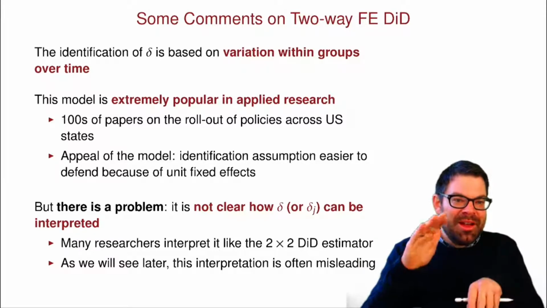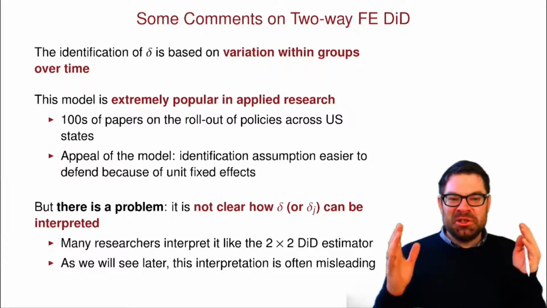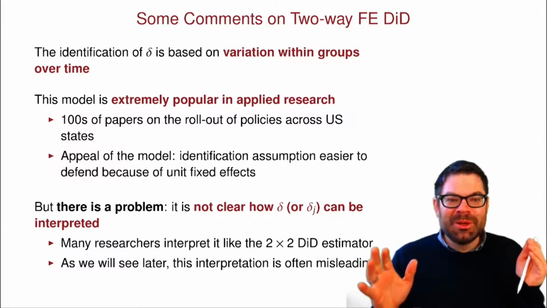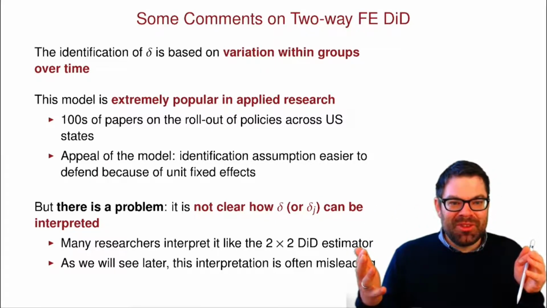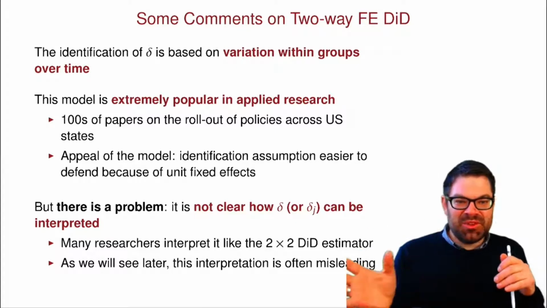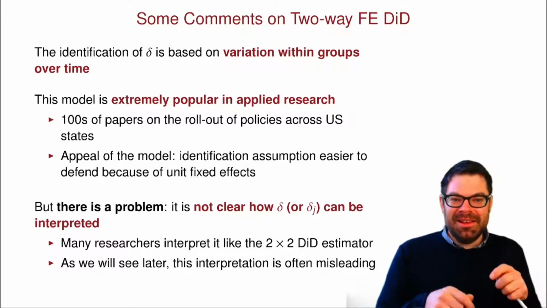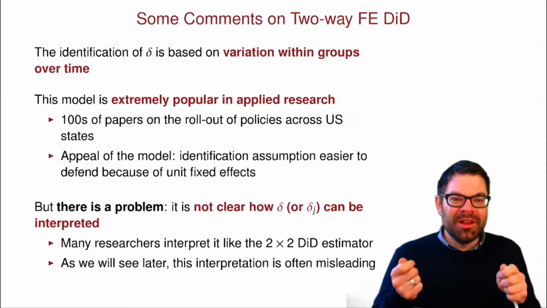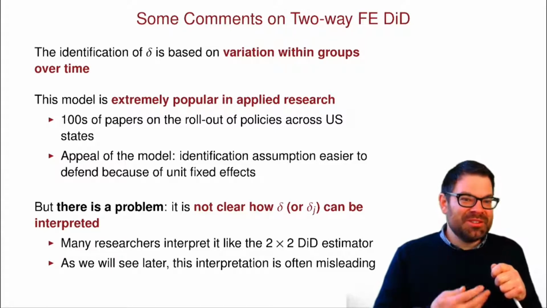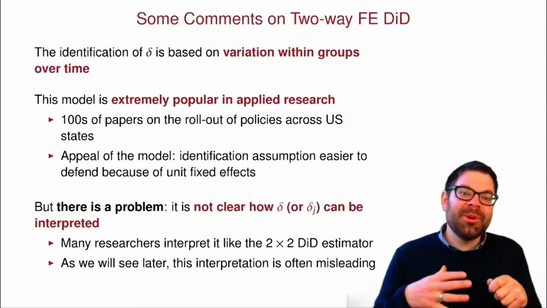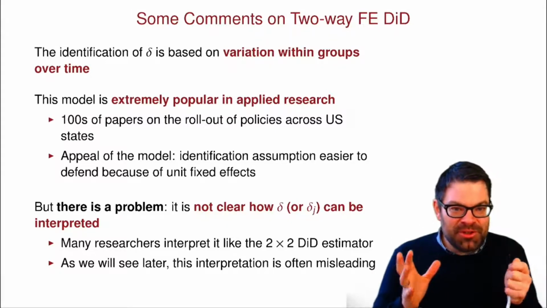And now you have those three states. But what is it actually that you compare with what then? Because you no longer have this 2x2 case, and you no longer have this clean interpretation where you just have a 2x2 table and can calculate your estimate in a spreadsheet. You need to use statistical software, run that two-way fixed effects model, and it spits out a coefficient.